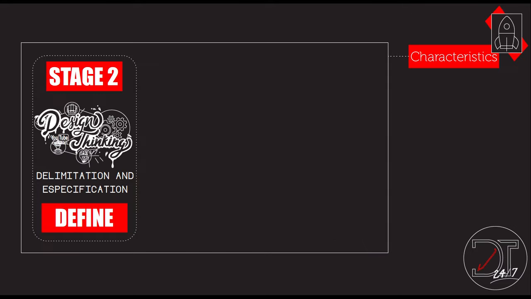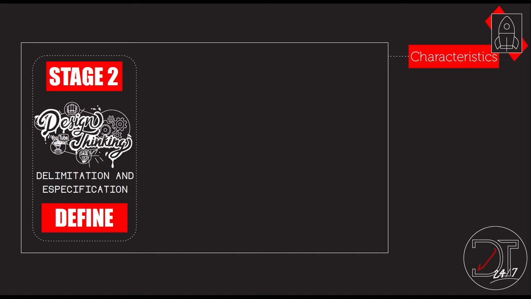Okay, so stage 2 of this methodology is called define. Remember that in the first stage, which is empathy, you map the problem and you know all the components. But that problem and that situation is very open, very broad. So you have to narrow it down.